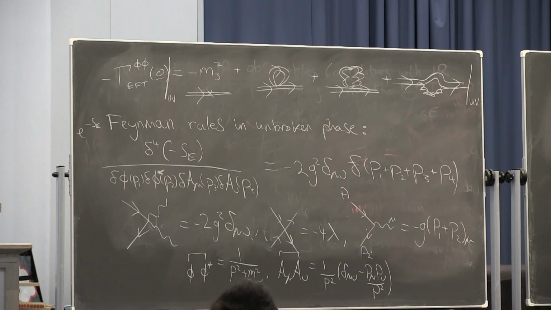And we only care about the UV part of this diagram. To get the UV part, we Taylor expand under the integrand. So we get 1 on q squared, times 1 minus m squared on q squared, plus m to the 4 on q to the 4, plus whatever.